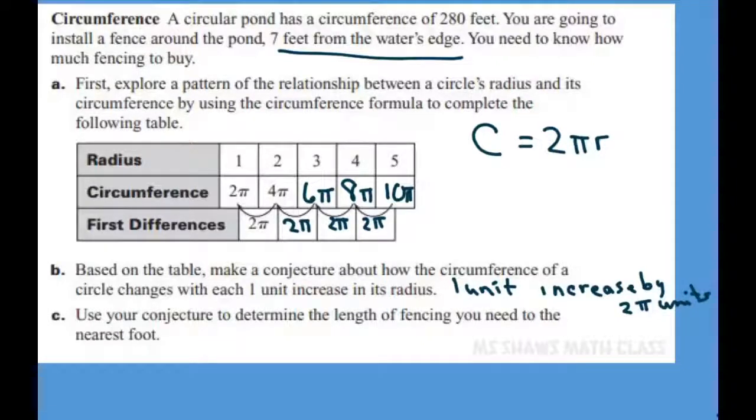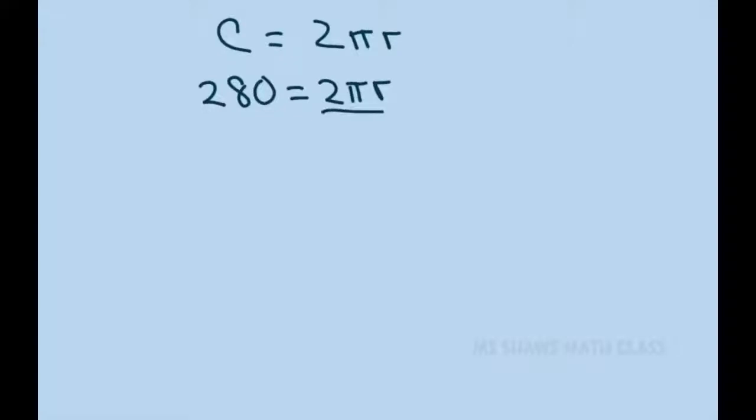So based off this, we're going to use our conjecture to determine the length of fencing we need to the nearest foot. We have the circumference equals 2 pi r, and we know our circumference is 280, so 280 equals 2 pi r. To get r, divide both sides by 2 pi.